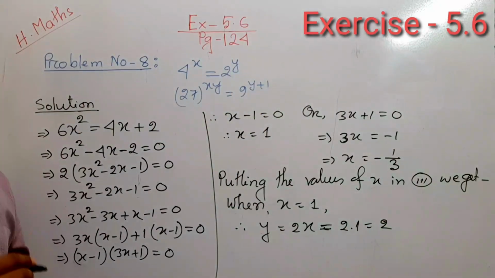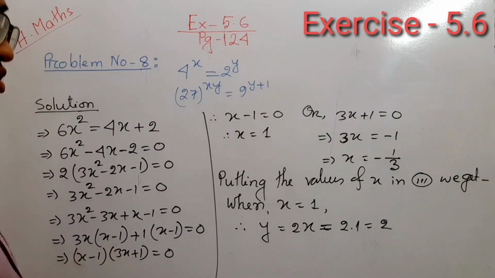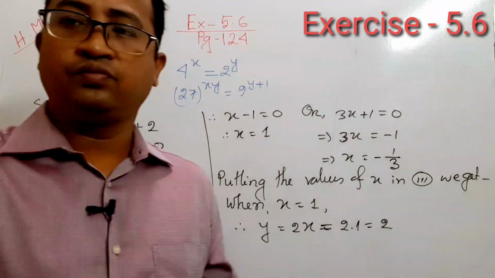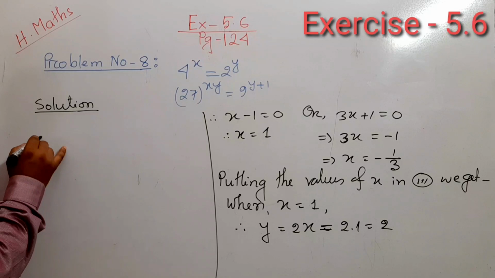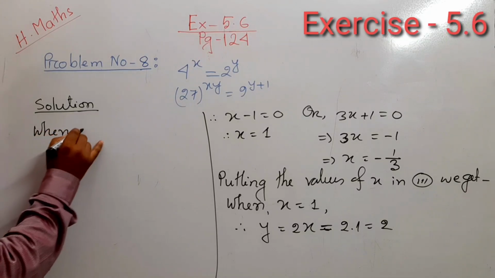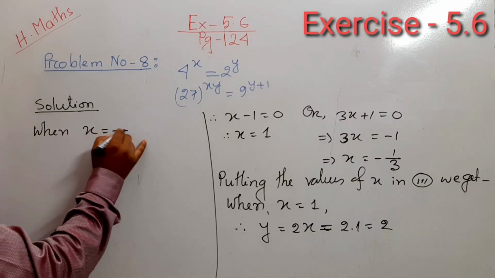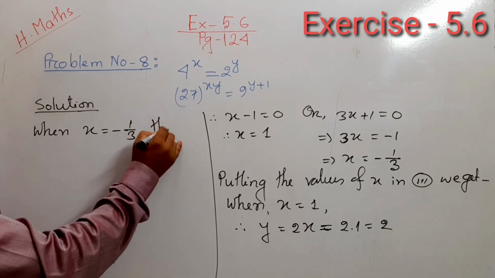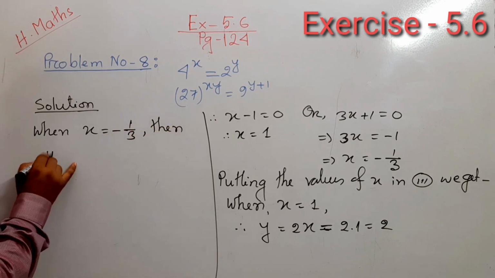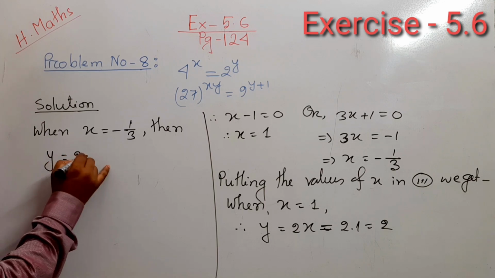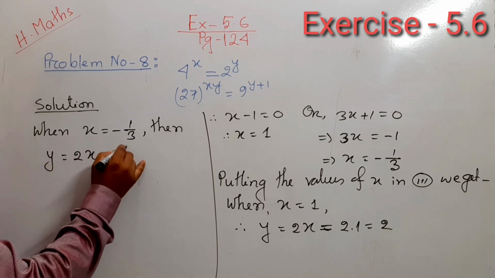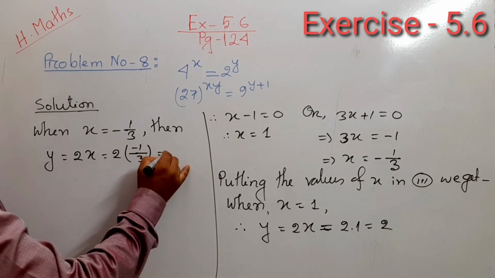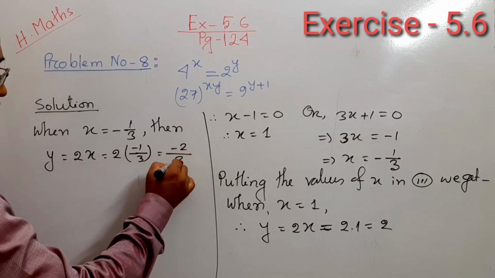So when the value of x is equal to 1, the value of y is equal to 2. Again, when x equal to minus 1 by 3, then y equal to 2x, that is 2 into minus 1 by 3, that is minus 2 by 3.